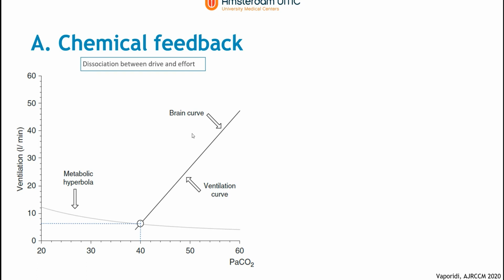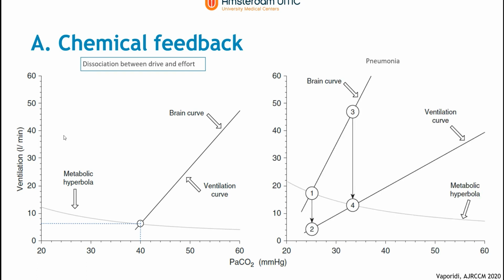But what happens when you develop a pneumonia? So right here, the first thing you'll see with a pneumonia is that the metabolic hyperbola has shifted upward, right? CO2 production increased, perhaps there is some dead space ventilation, so an elevation of the metabolic hyperbola.